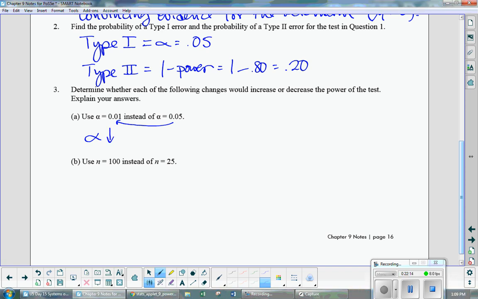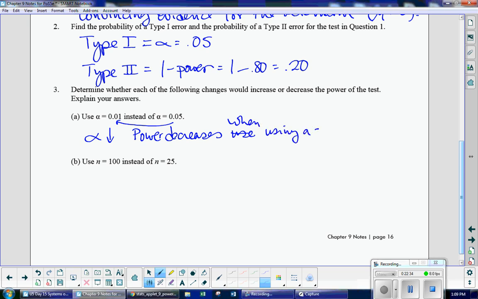If alpha decreases, that means the power decreases when using a smaller alpha value. So it's going to make finding convincing evidence harder.